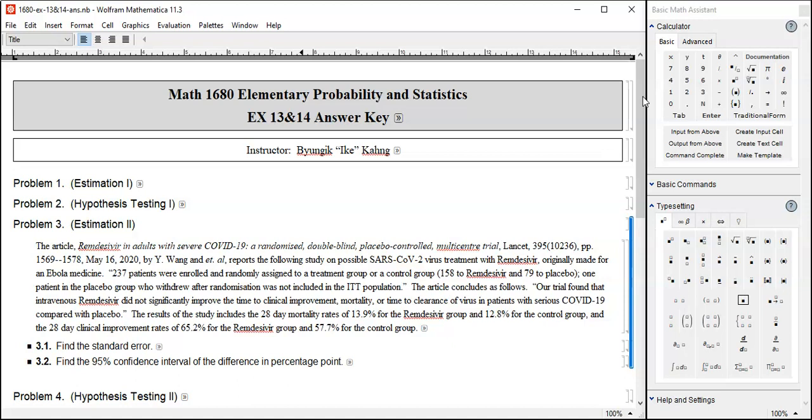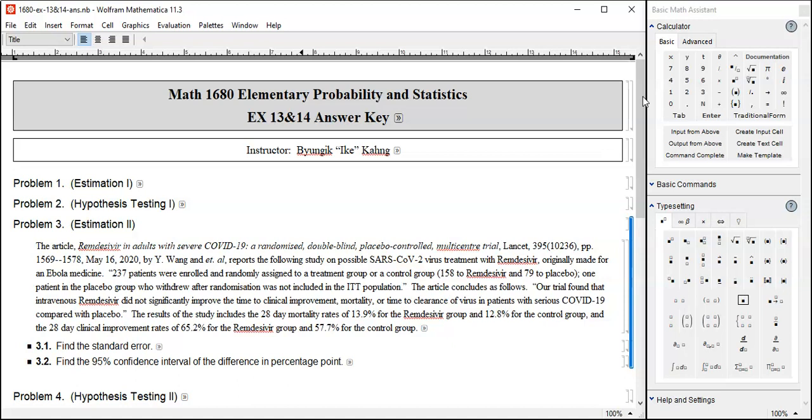So remdesivir is a medicine originally made for Ebola, and these people are using it as a COVID-19 medicine, and this is a result.